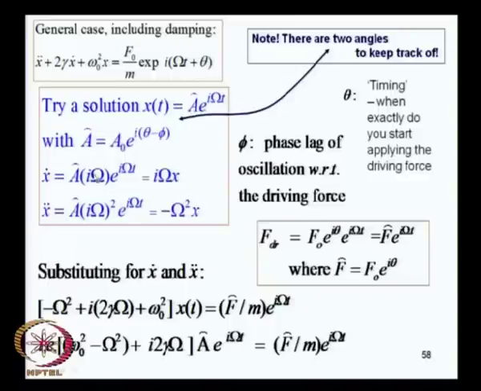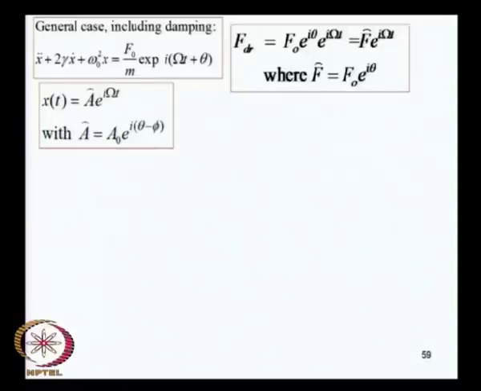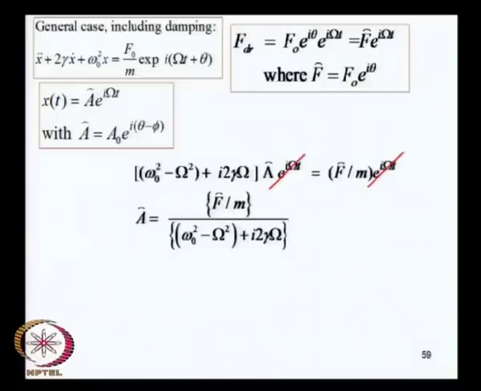and in this differential equation you substitute for x dot and x double dot that you have already found over here, and you get an algebraic equation, and then we have to solve this algebraic equation so that we can understand the nature of the solutions. This is the general case we are now discussing, in which damping is kept track of.